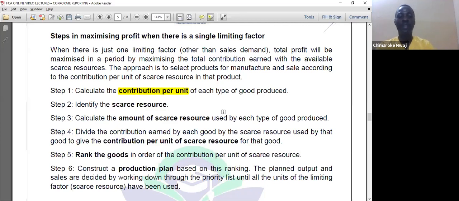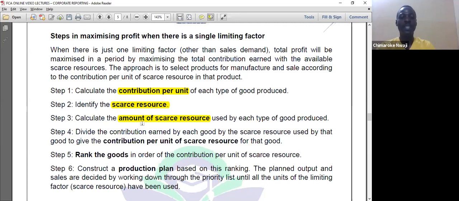So everything here now will be in per unit. So when we identify our contribution per unit, we identify the scarce resource per unit. The next step is step number 4.